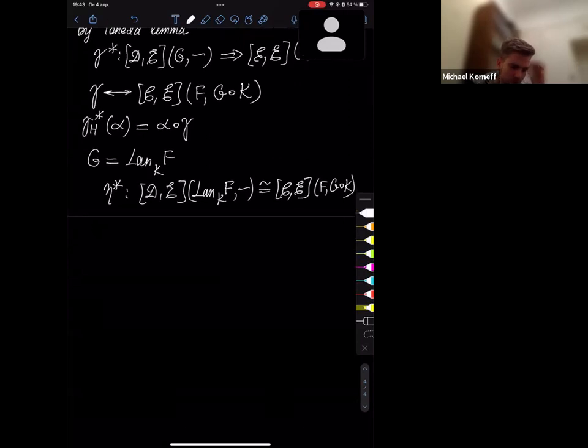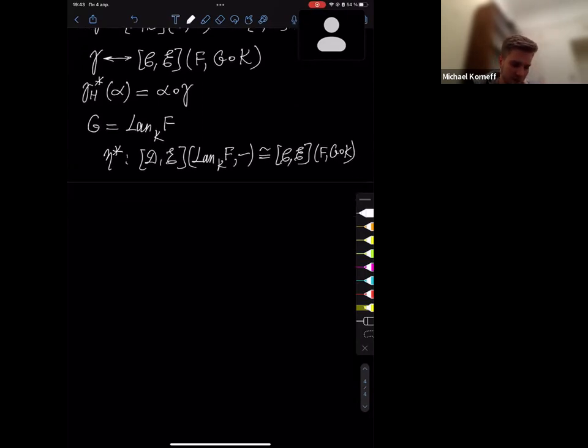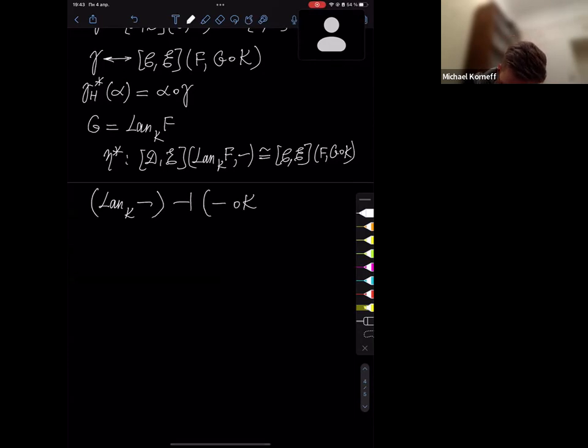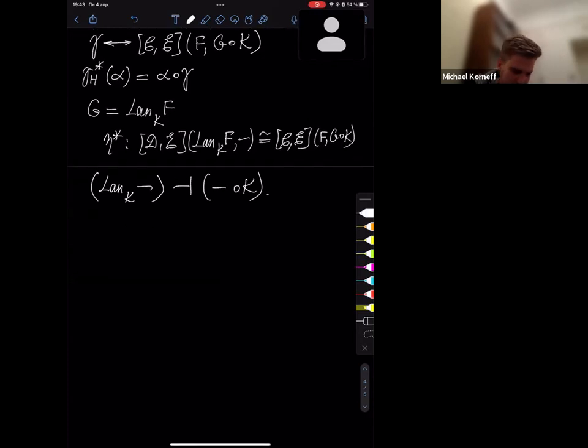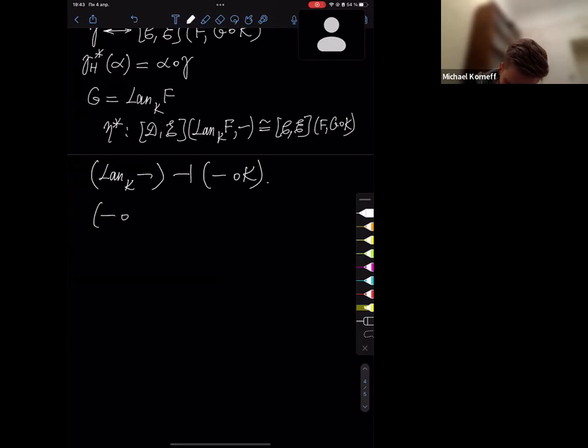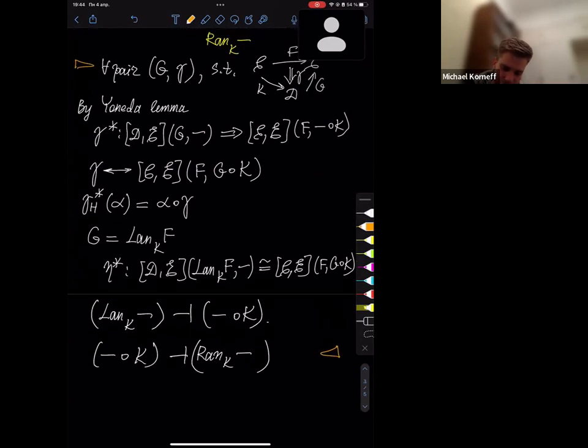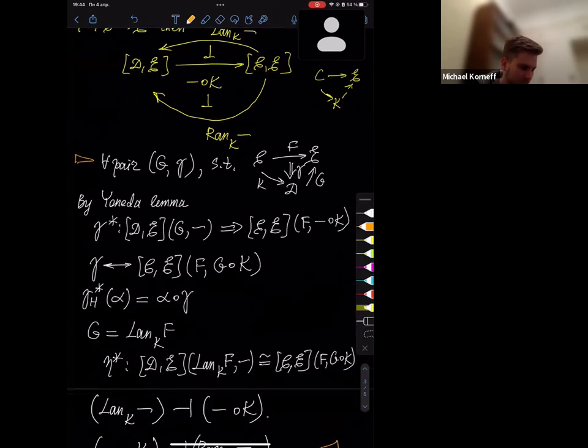And this isomorphism tells us that we have an adjunction. Okay. In the same way, we can prove that there is an adjunction like this for right Kan extension.